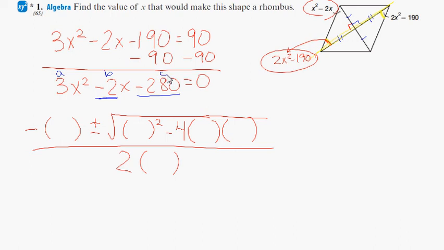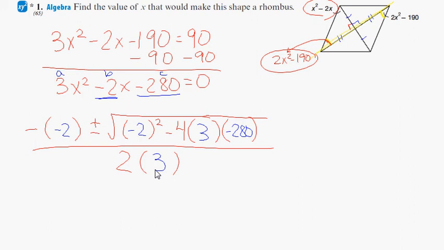So negative b, there goes my negative 2, plus or minus the square root of b squared, negative 2 squared, minus 4a, so a goes here, that's a 3. C goes here, so that's negative 280, and then down here, all over 2a, so 3 goes here. Does everybody see that? The rest you're going to figure out on your own.